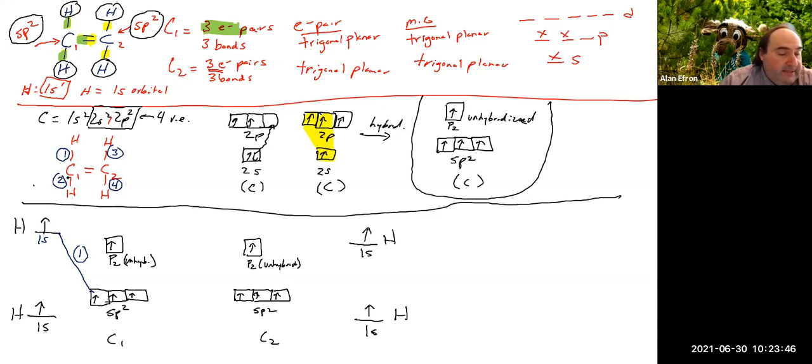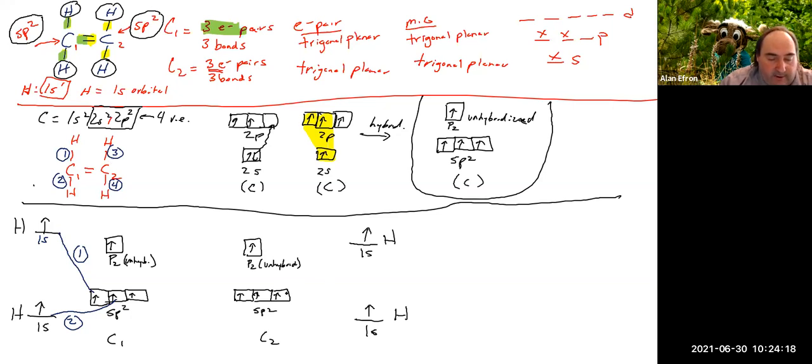We also have a similar bond for bond number 2, which is between carbon and hydrogen, which would be, say, this electron coming over here and sharing with this guy and making bond number 2 here. Again, between a 1s orbital in hydrogen and an sp2 orbital there in our carbon number 1. We have almost identical bonds happening over there on the right-hand side between carbon number 2 and hydrogen.